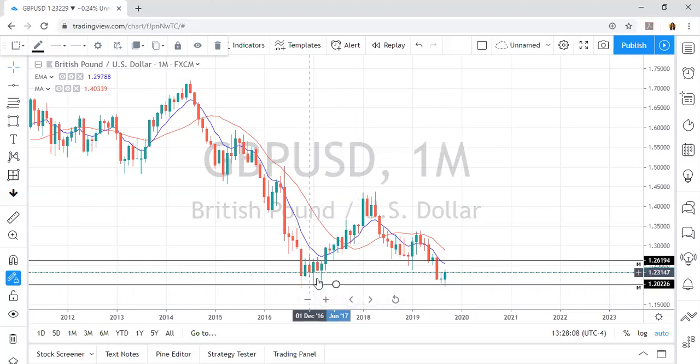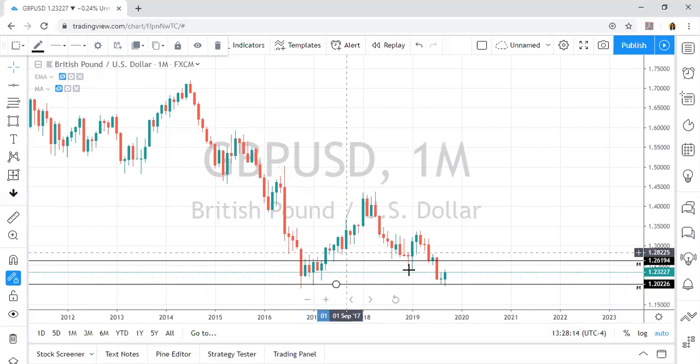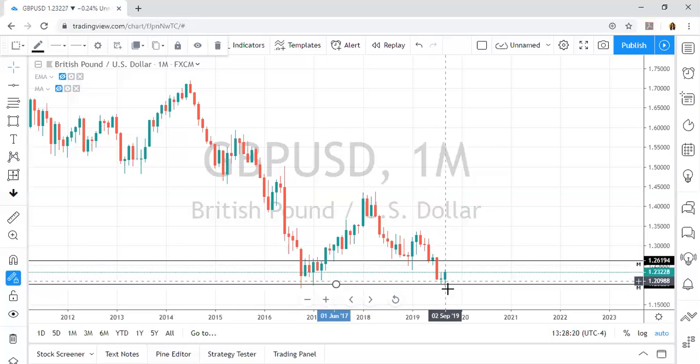Now looking just at the candlesticks, so I will remove the moving averages at this time. Just looking at the candlesticks here, I do see where price did struggle to close below this monthly key level. So we do have a movement up. So we do have a bullish movement on this current time frame.